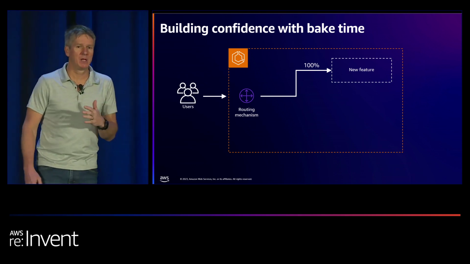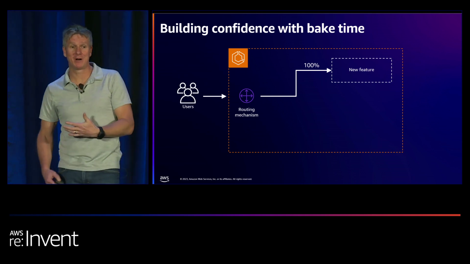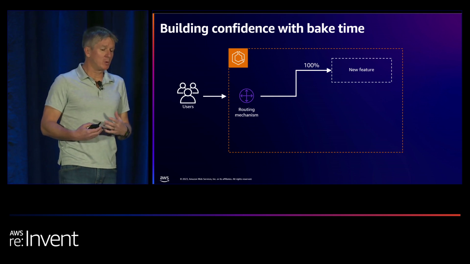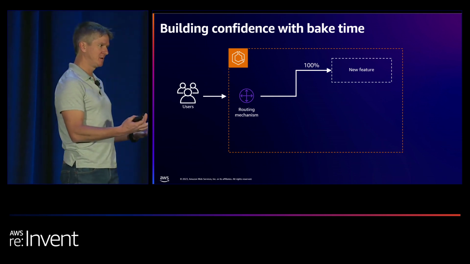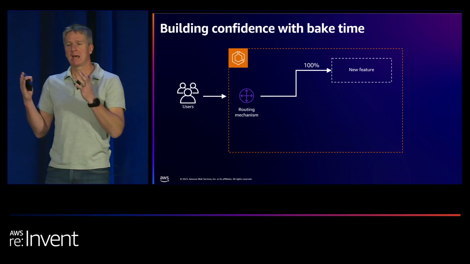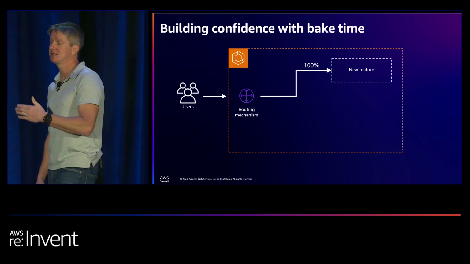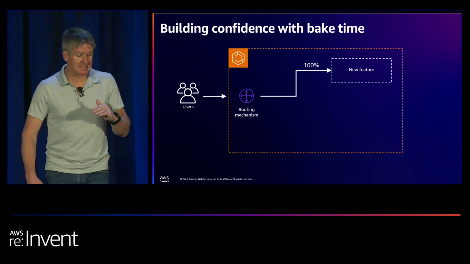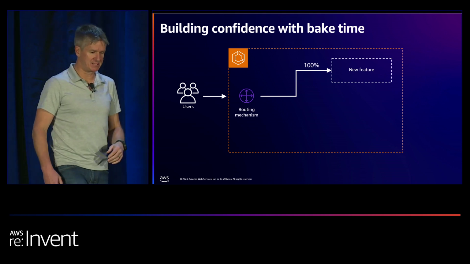Now, bake time is not actually a time as much as it is a measure of confidence. So what we will do is have a set of metrics that are continually monitoring the health of the service at the granularity that we're deploying, and then we will have another set of metrics and an associated alarm which is monitoring the health of the service to make sure that we're continually meeting our customers' needs in terms of availability.